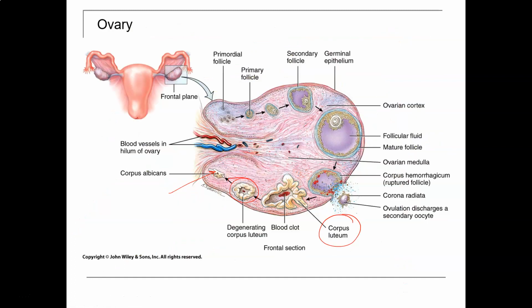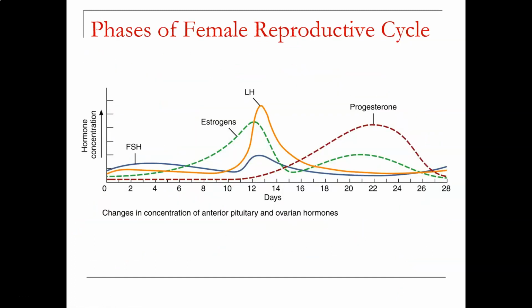So, a couple more things before we finish up. I just want to show you this graph mainly to show you this right here, that ovulation, which occurs around day 14 or maybe a little bit before, is triggered by a surge of LH.